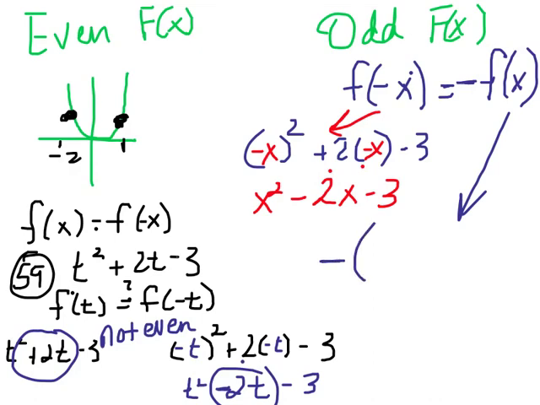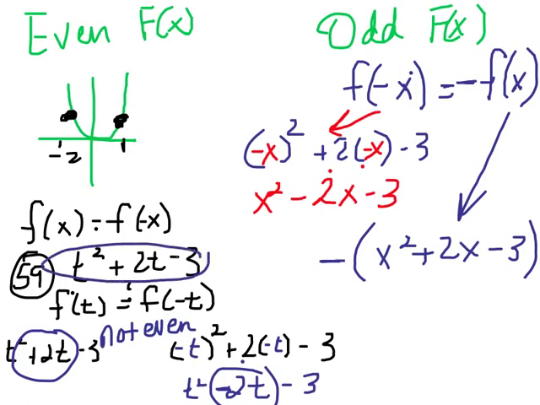If I plug x into t squared plus 2t minus 3, it would just be x squared plus 2x minus 3, right? I'm putting the negative out front, and I'm just putting x's in place of t's, because this is telling me to put an x into this. When I distribute the negative, I get negative x squared.